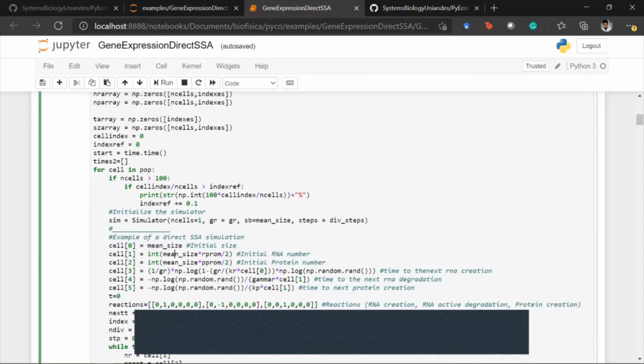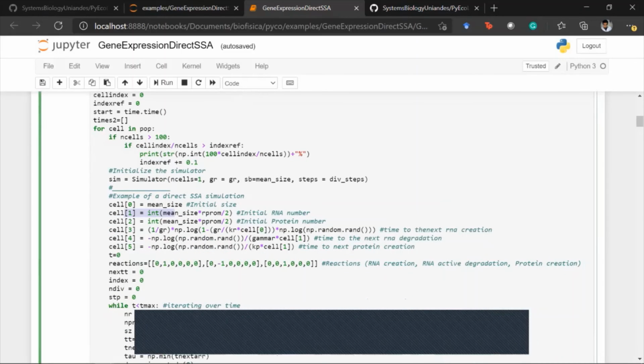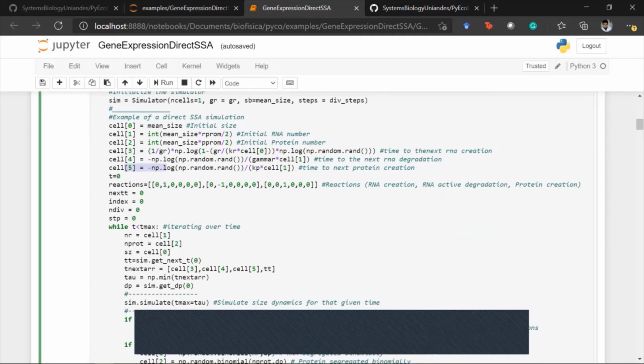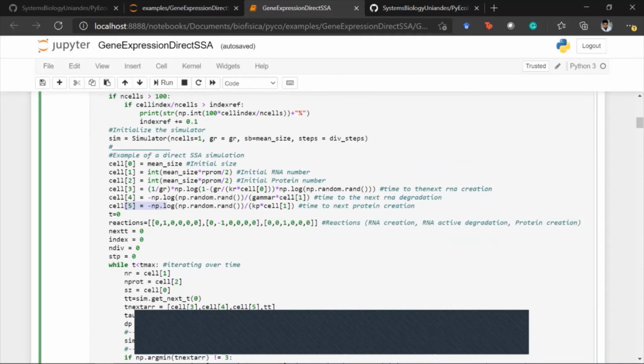The other ones are the number of RNAs, the number of proteins, the times of the chemical reactions that you can compute using the Gillespie algorithm, and the last one, you can use the function get next t that gives you the next time that the next division step is going to happen.